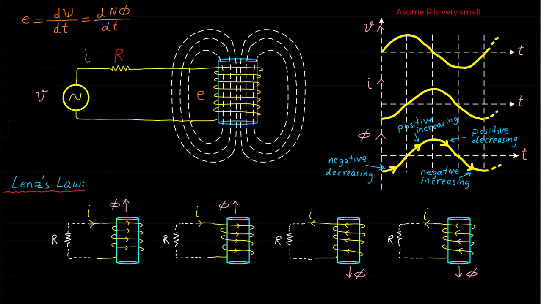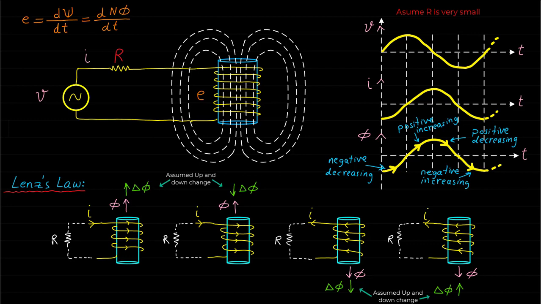After that, identify the direction of magnetic field change delta phi. In other words, identify if the magnetic field is increasing or decreasing. Note here that the magnitude of delta phi is smaller than the main magnetic field phi.